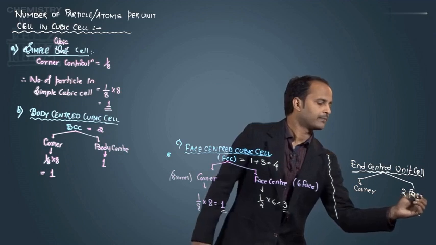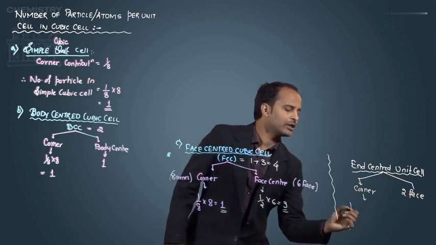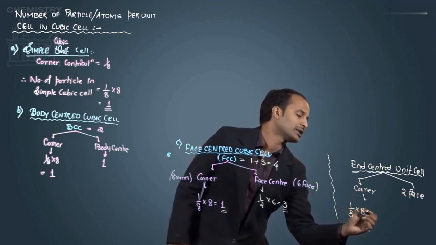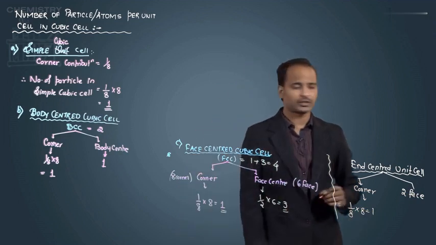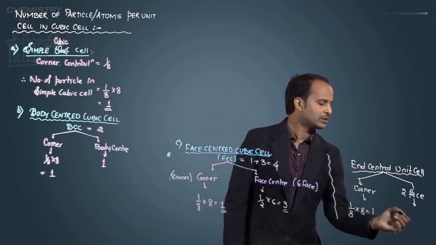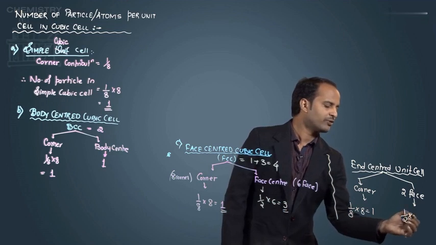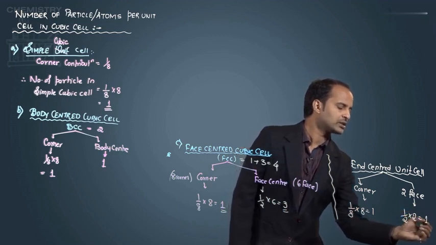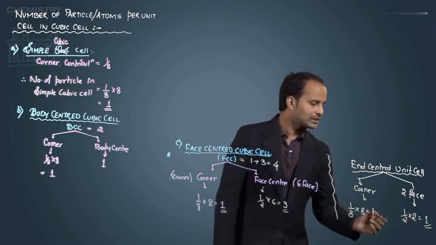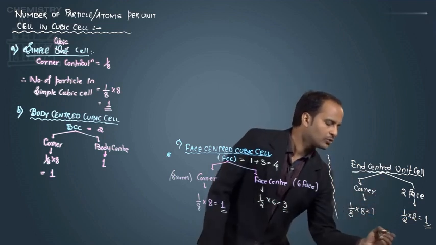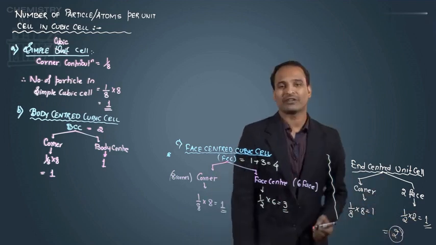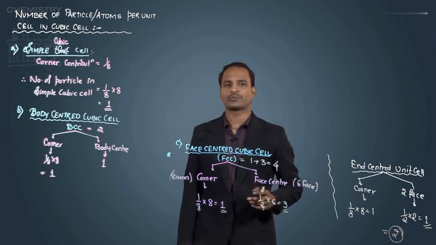Again from the corner it will be 1/8 into 8, that is 1 particle, and from the two faces, half from each face, so half into 2, the answer is going to be 1. So in case of end-centered, the total is 2 particles: one from the corner and one from the two opposite faces.